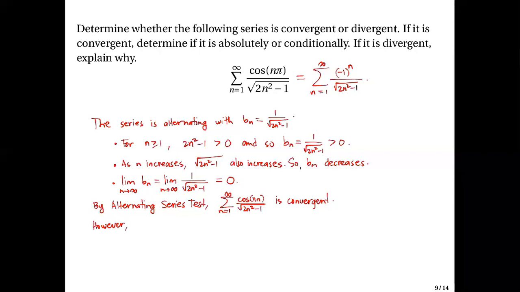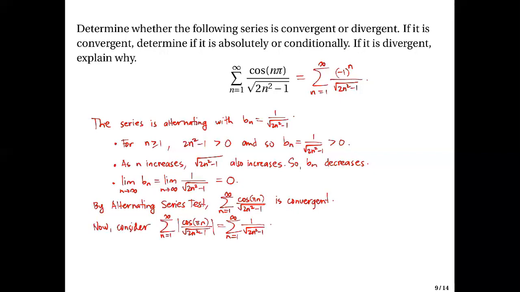Now consider the series with the absolute values, the absolute value of cosine of pi n over square root of 2n squared minus 1, from 1 to plus infinity. But this is just the series from n equals 1 to plus infinity of 1 over square root of 2n squared minus 1.